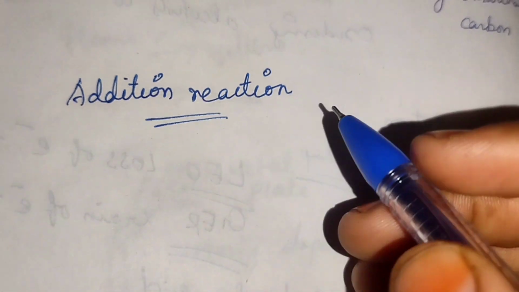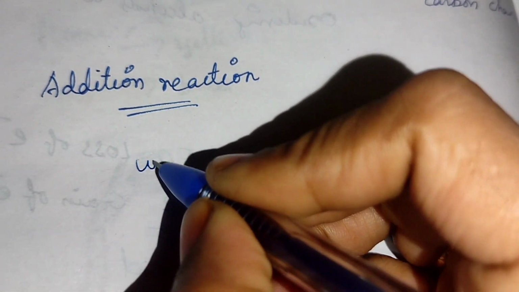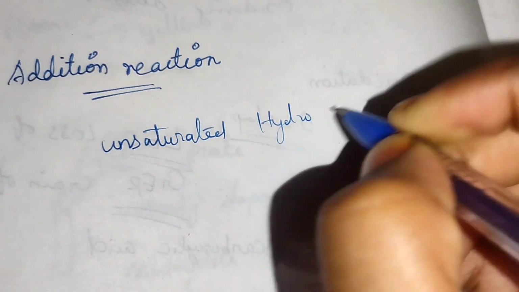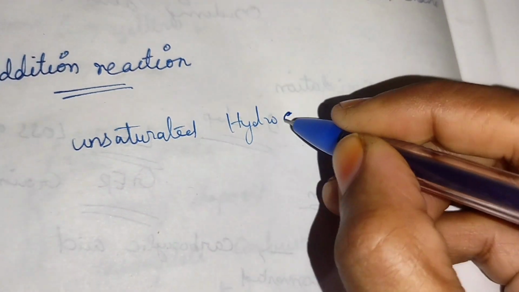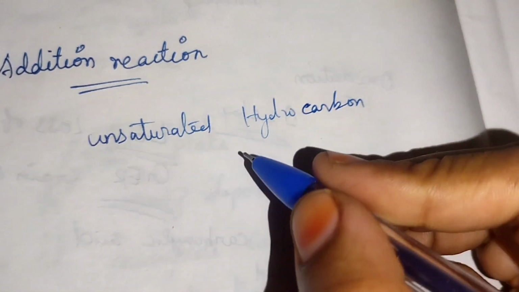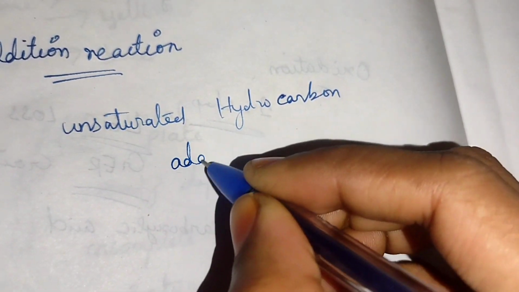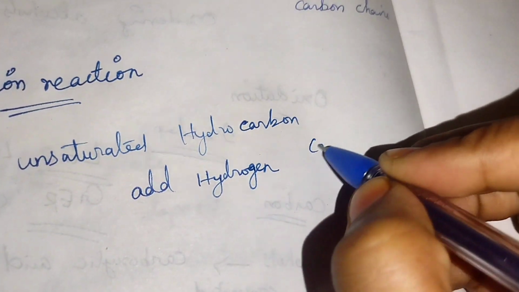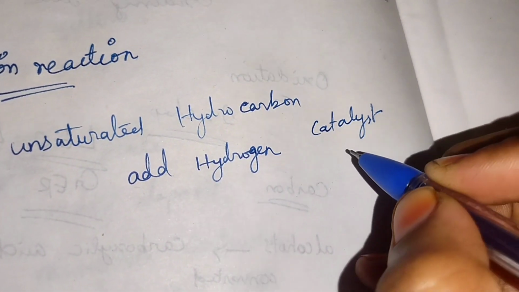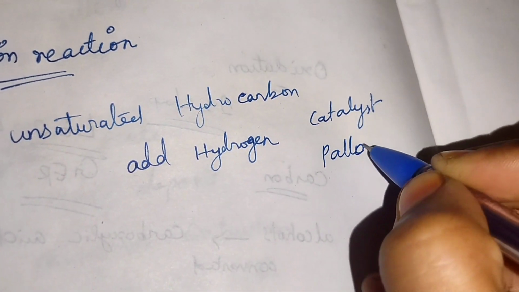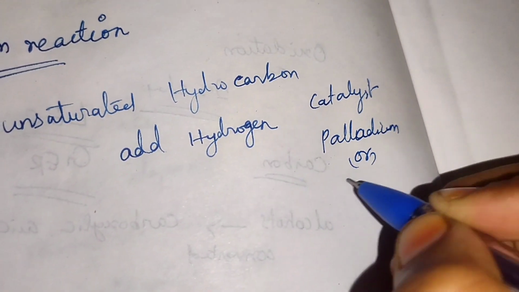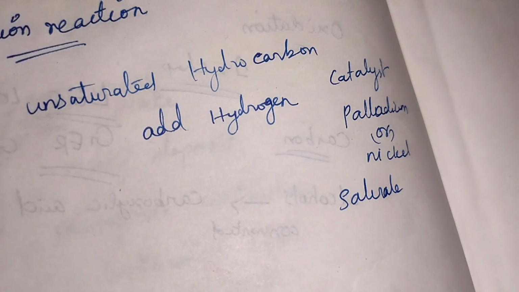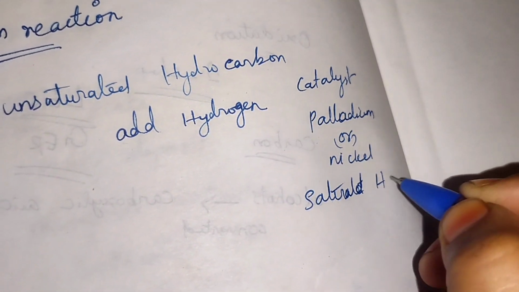And here we are going to see about addition reaction. In this addition reaction, an unsaturated hydrocarbon, which means a double bond or triple bond is present there, adds hydrogen in the presence of a catalyst such as palladium or nickel, and then it will finally give a saturated hydrocarbon.